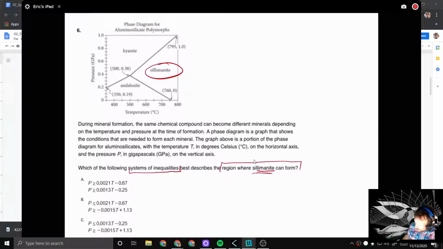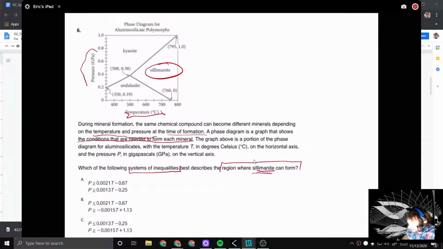During mineral formation, the same chemical compound can become different minerals depending on temperature and pressure at the time of formation. Okay, so depending on temperature and pressure, a mineral is going to become different things. A phase diagram is a graph that shows the conditions that are needed to form each mineral.